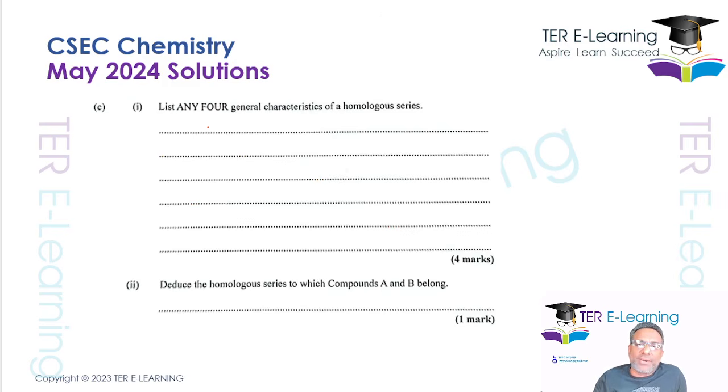List any 4 general characteristics of a homologous series. So this is a question they repeat so many times, right?